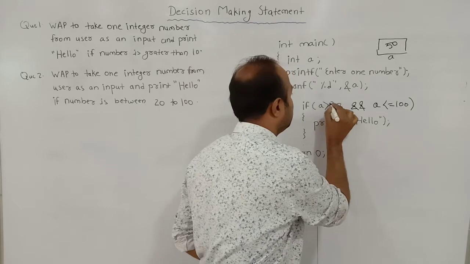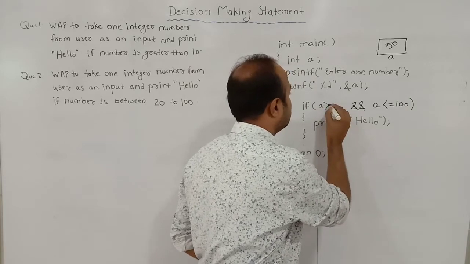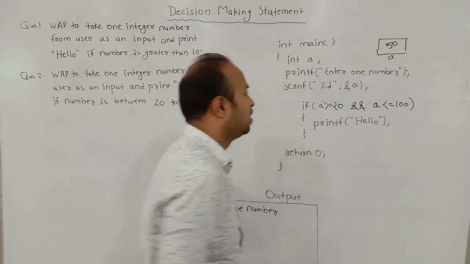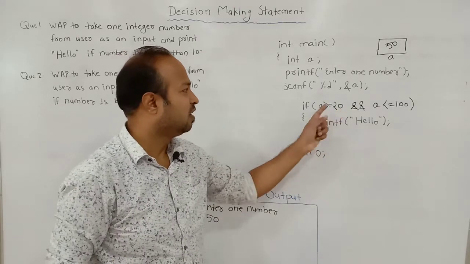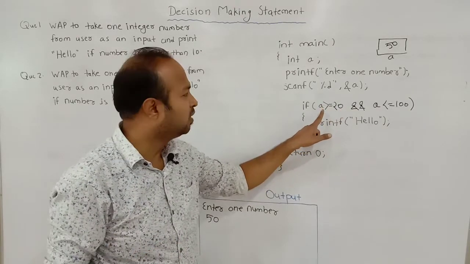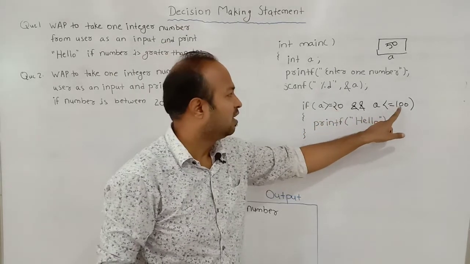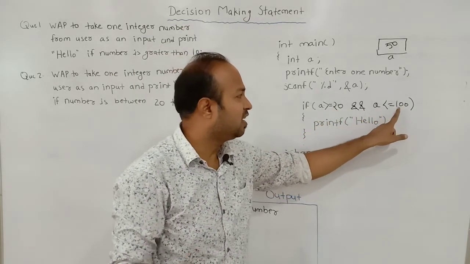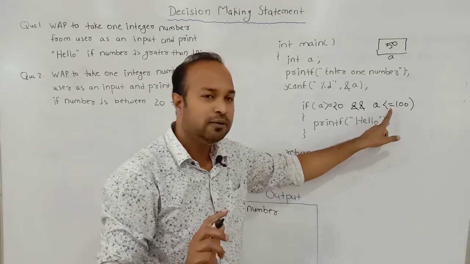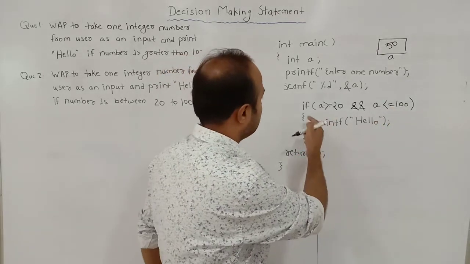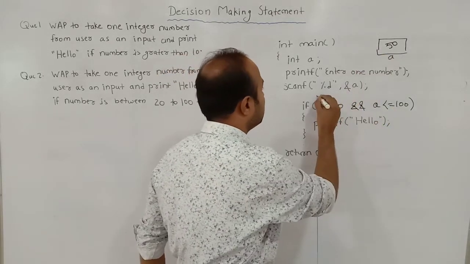This means the entered number is 20 or more, and the value of a is up to 100. Here the value of a is 50.